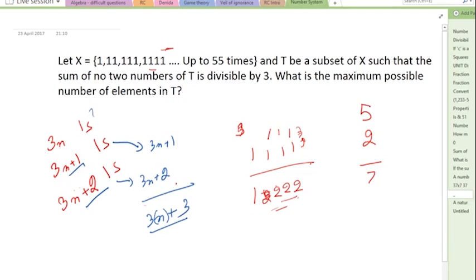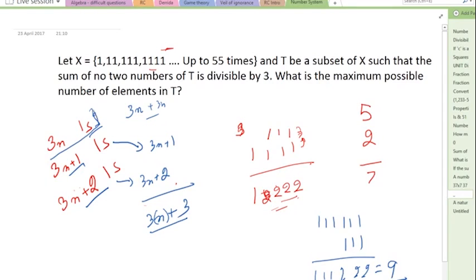We cannot have two items from the 3n bucket anyway, because if both of them have 3n ones, then their sum will also be divisible by 3. What I mean is, if one number has 6 ones and the other has 3 ones, their sum will be equal to 9, because it will be 2, 2, 2, 1, 1, 1. So we cannot take 2 from this bucket.